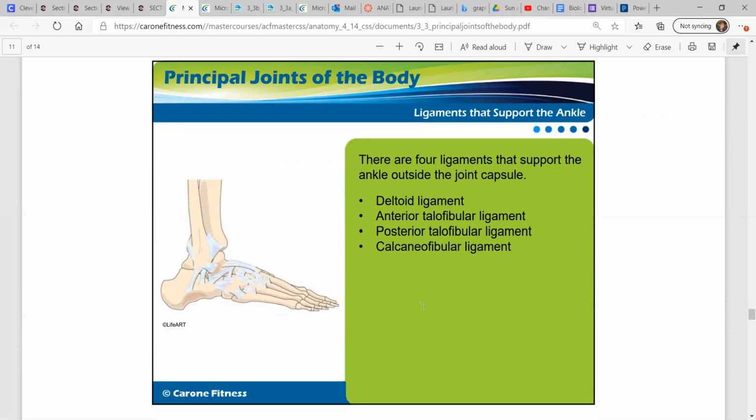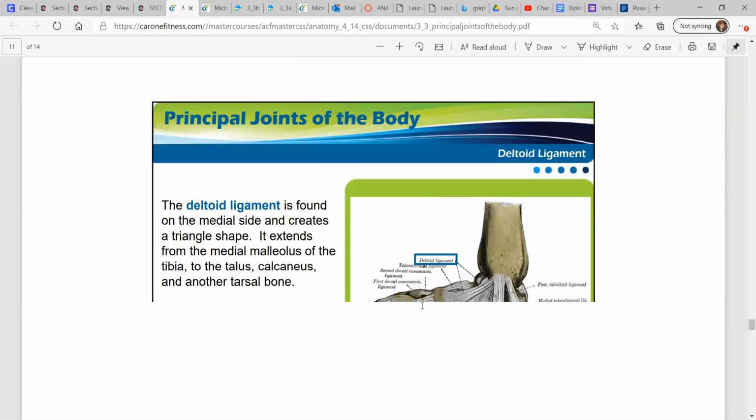And there are 4 ligaments that support the ankle outside of that capsule. The deltoid ligament, the anterior talofibular ligament, the posterior talofibular ligament, and the calcaneofibular ligament.